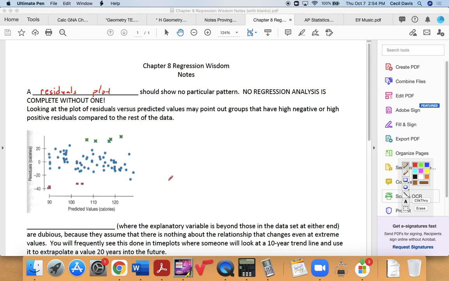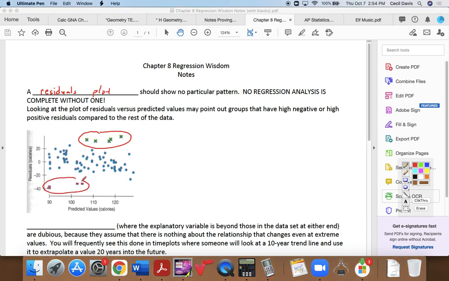So this particular one, I think I took this one from the book just because I couldn't find one that was as good anywhere else. Notice that you have this group up here that has large residuals compared to the rest, and this group down here that has large negative residuals compared to the rest. There may be something going on.